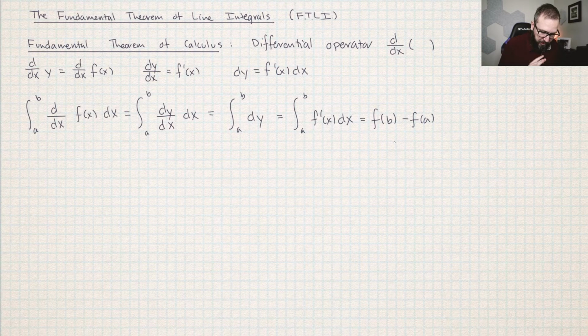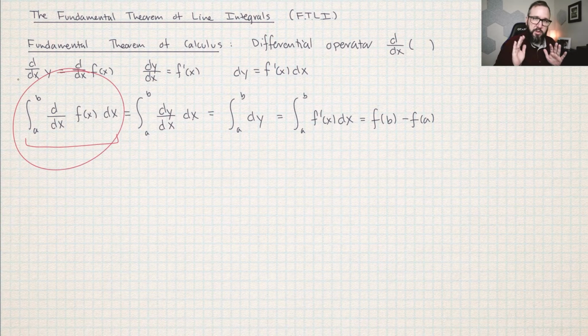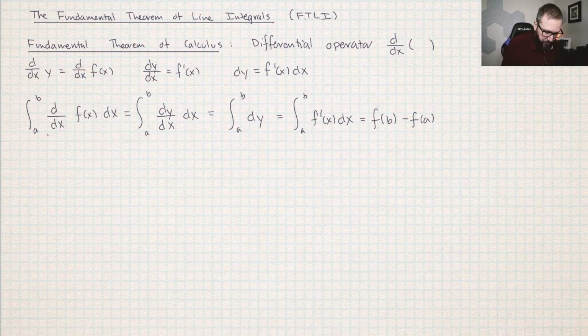And I want to look at basically all the different ways. So let's start over here. This one over here is really the one that is going to look most like the fundamental theorem of line integrals. So you can see here, basically what I've done is I have just taken the derivative of y. Well, I've applied the derivative operator to y.